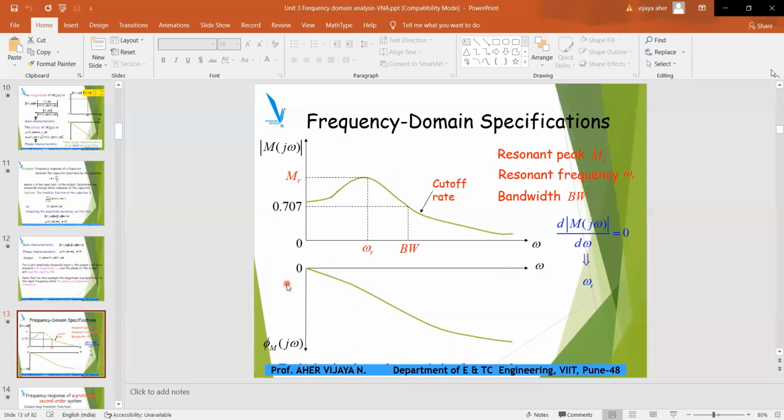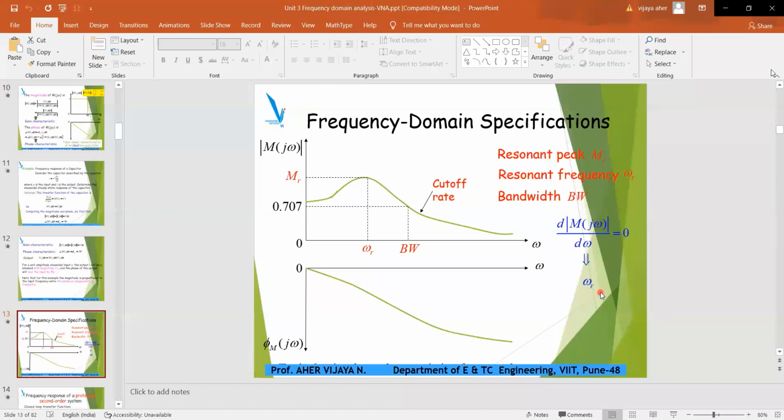You can write the equation for omega r, the resonant frequency: the derivative of the magnitude with respect to omega is equal to 0. This is the equation for resonant frequency.